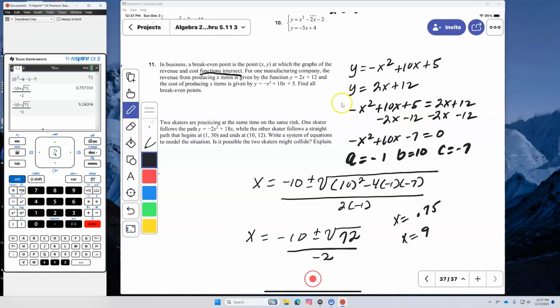And if you wanted to check this out, you would have to graph this. So I'll just come over here and change this. So you have negative x squared plus 10x plus 5.